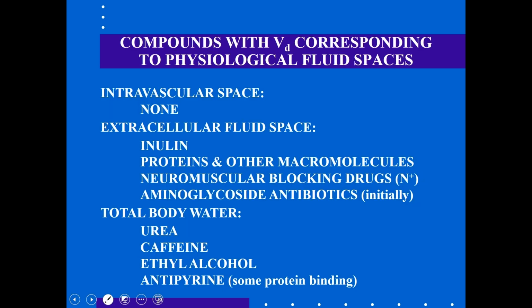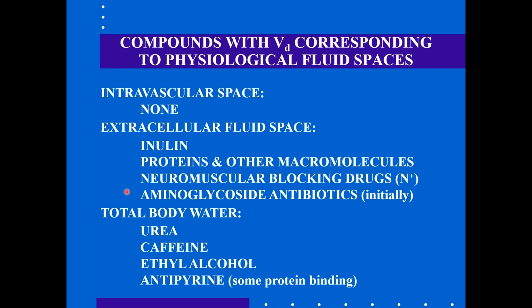Well, most drugs don't have distribution volumes that correspond exactly to those compartments, but there are some compounds that do have a correspondence. And the classic marker for the extracellular fluid space is inulin. And proteins and other macromolecules also distribute in the extracellular fluid space, as do the neuromuscular blocking drugs, and initially the aminoglycoside antibiotics.